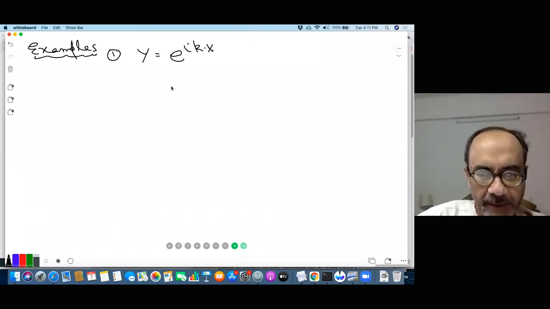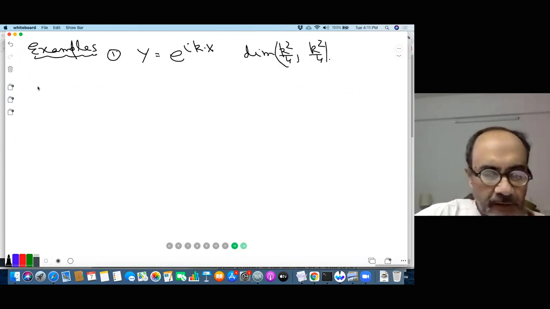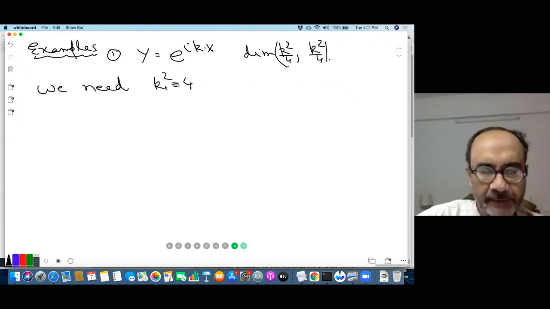It's a primary, and it has dimension k square by 4. So we need k square equal to 4 for it to describe a physical state, because it must be a dimension 1 primary.